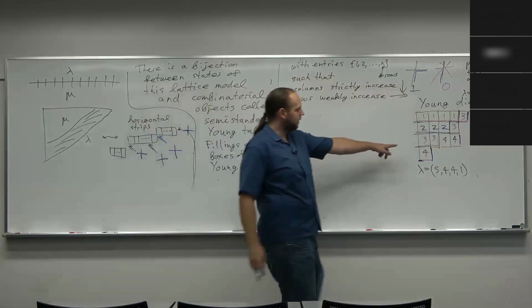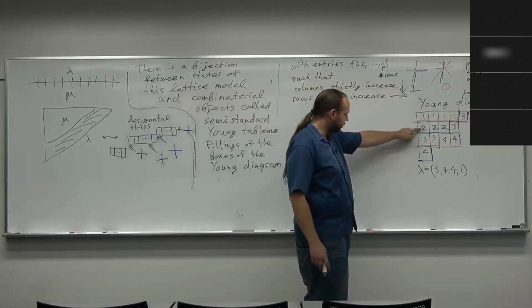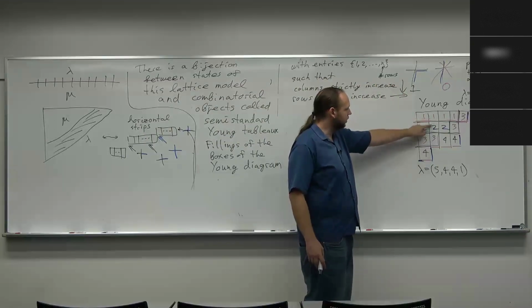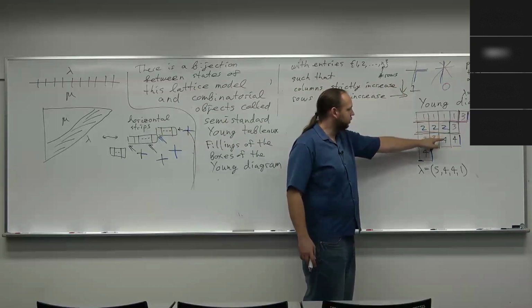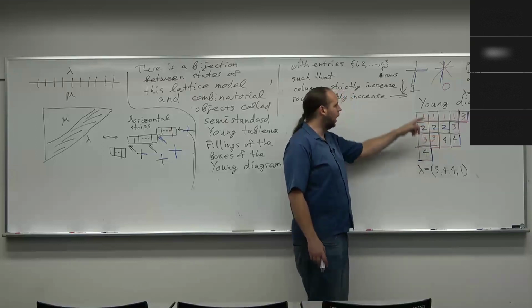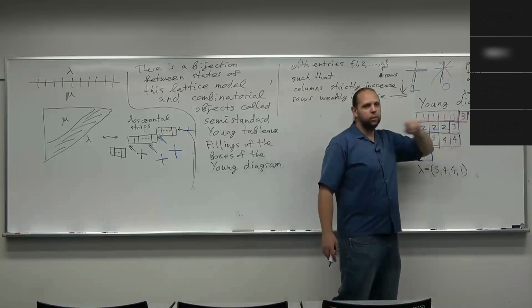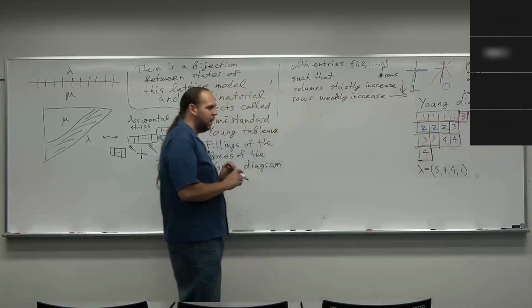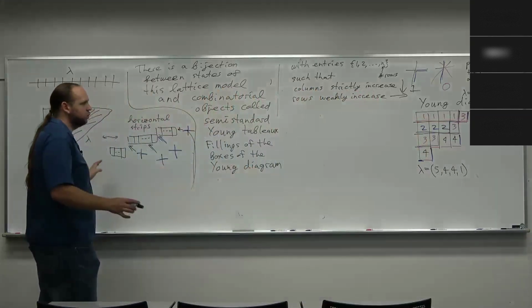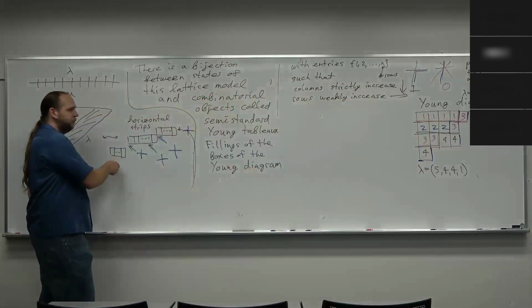And so we can see this here. 1 is less than 2 is less than 3 is less than 4. 1 is less than 2 is less than 3. 1 is less than 2 is less than 4. And then as we read left to right, we also get the same behavior. And this is just a consequence of what it means to add a horizontal strip.